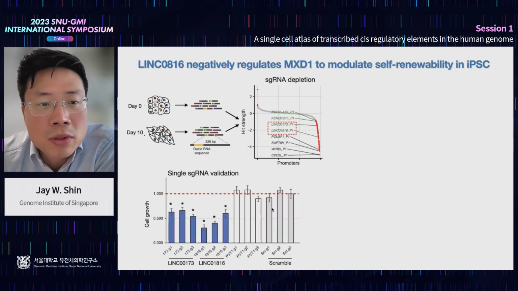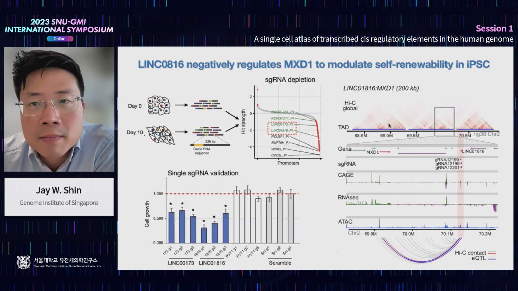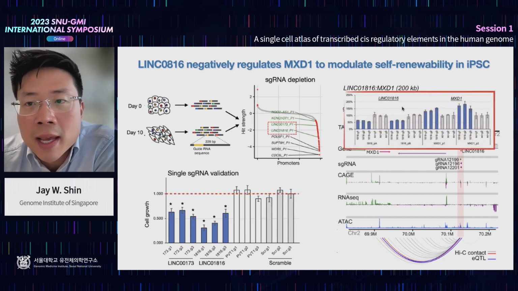We were able to independently validate that these are indeed important in regulating cell growth of iPS cells. And this multi-omics analysis has led us to link these non-coding RNAs to the protein coding gene MXD1 in a cis-regulatory manner through chromatin-chromatin interaction. And once we deplete this non-coding RNA, this MXD1 protein coding gene is actually upregulated.